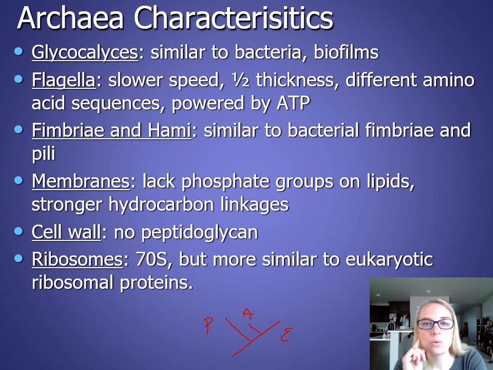So the idea is archaea are more closely related to eukaryotes than they are to bacteria. So it's kind of interesting. They're finding more of those similar connections between archaea and eukarya than they are between bacteria and archaea, even though these are both prokaryotes.